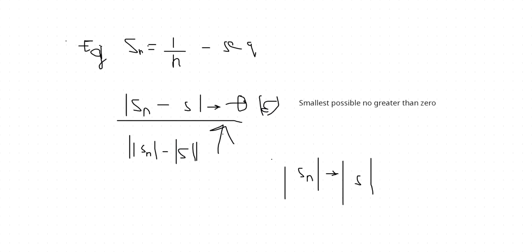So that we clear up why it tends to 0. If we prove that the modulus of Sn tends to the modulus of s, so if Sn converges, this also implies that the modulus of Sn converges as well.